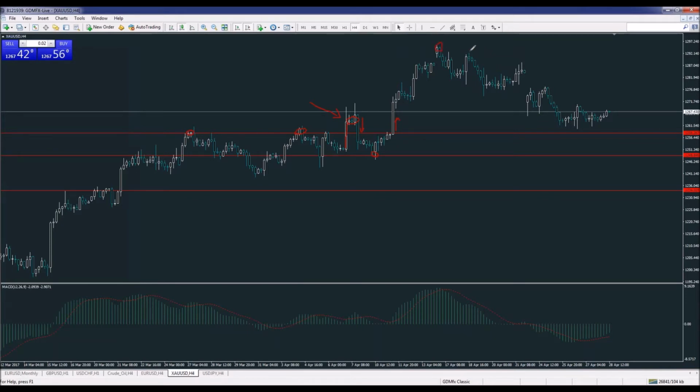And of course, we saw exactly on these two tops, and also the neckline here, where the market made its absolutely 100% fulfillment on this double top formation. And we saw how the market started reversing.